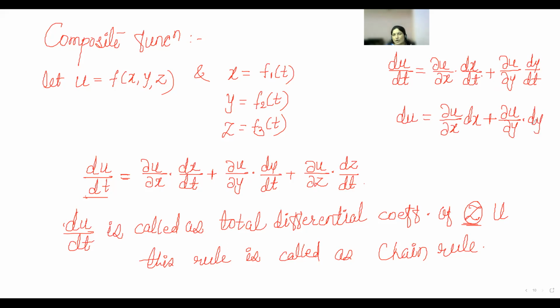So here it is called as a chain rule in two variables, and here du by dt or this du is known as total differential coefficient. This is called as a total differential coefficient. Okay.